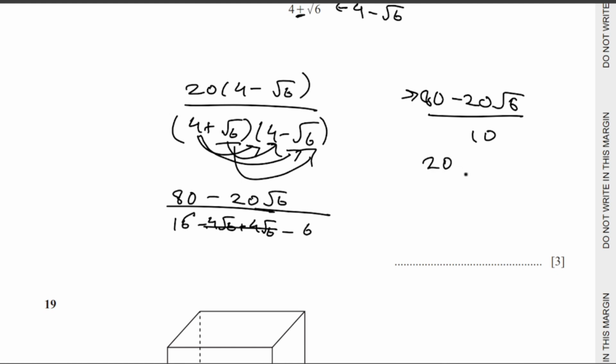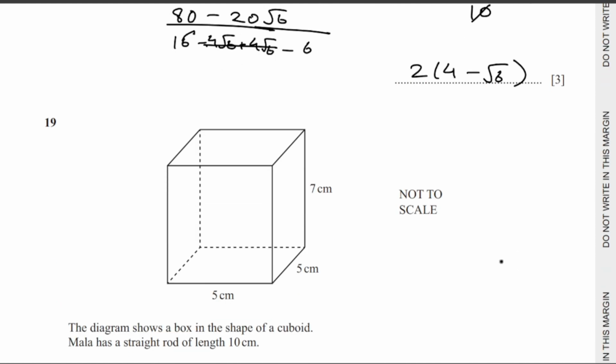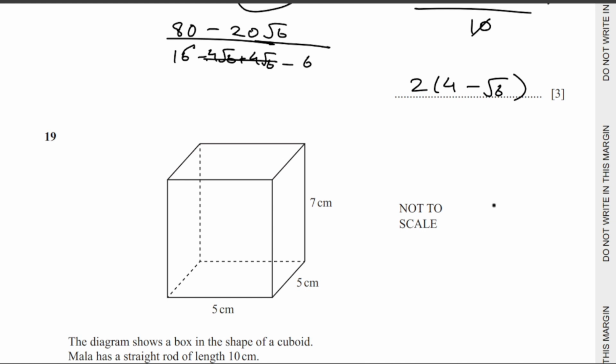That would give us 20 times 4 minus root 6 over 10, right? And the 10 cancels out with that, leaving us with 2 times 4 minus root 6 as the final answer. All right. You could go ahead and simplify this, and that would just become 8 minus 2 root 6.